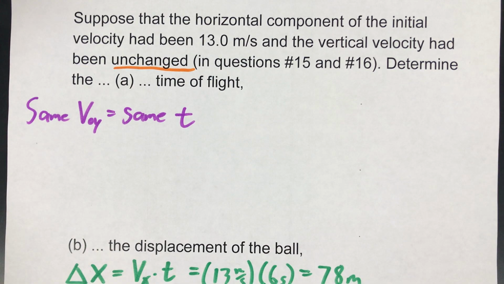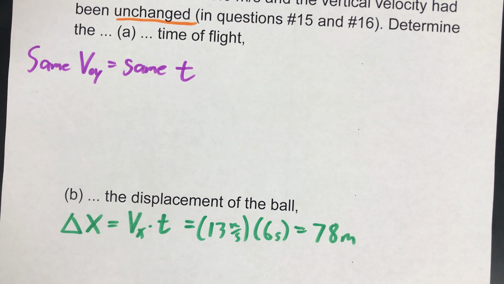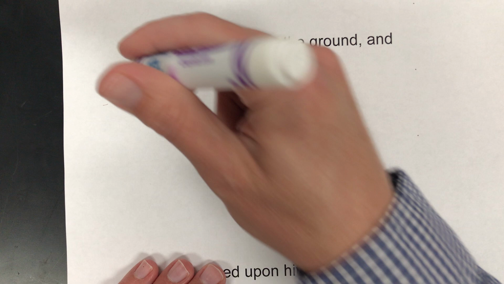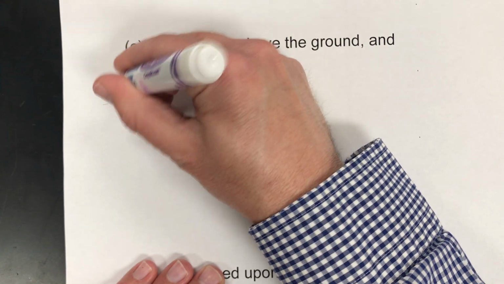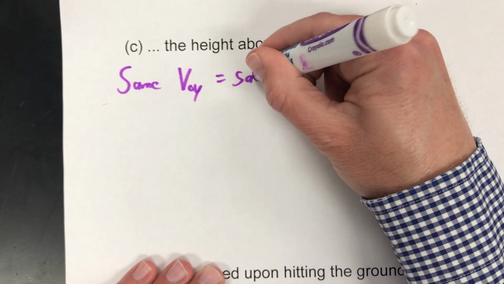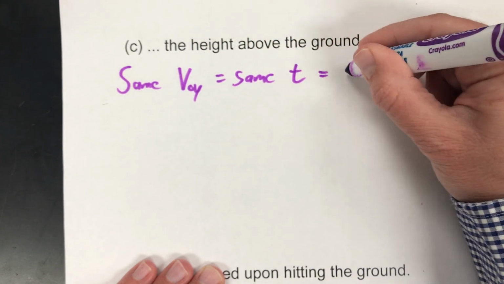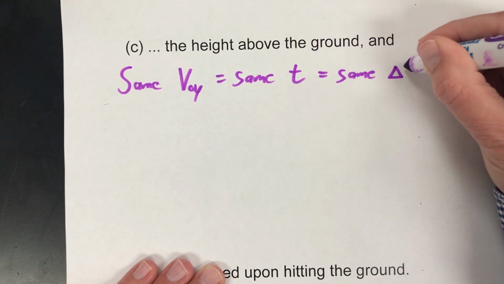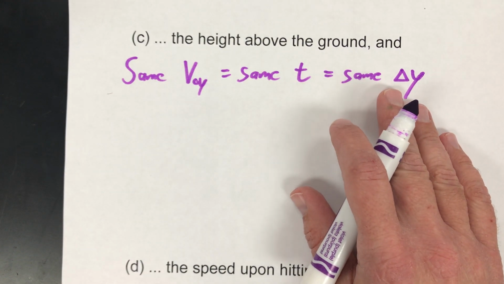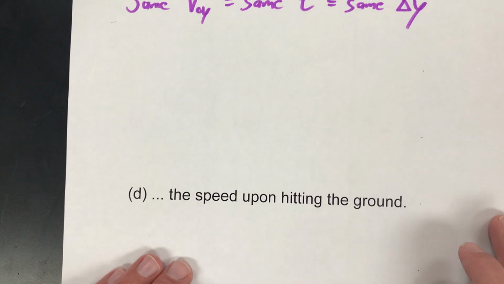That makes sense there. All right, next part, they say determine the height above the ground. Well, the thing is, if we have the same initial y velocity, then we're going to have the same time as we said before, which means the same delta y, the same height. That will not change. So even though we'll go farther to the side, we won't go any higher.